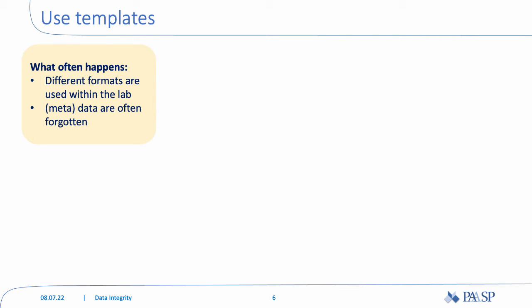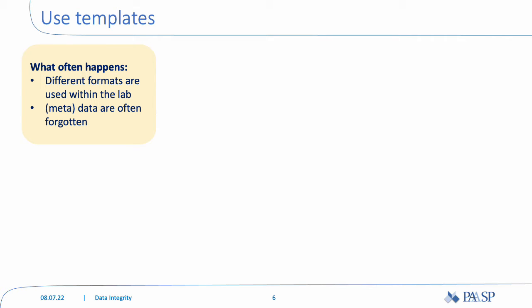Let's come to the next topic. Using templates routinely is a very powerful approach to support data integrity because it is often the case that different formats are used for protocols within the lab, and that makes it difficult for all users to understand them.